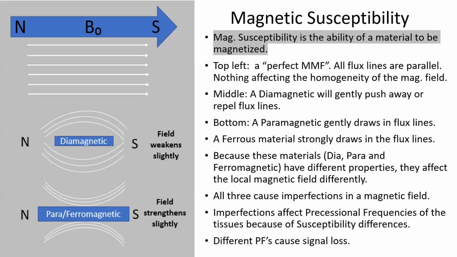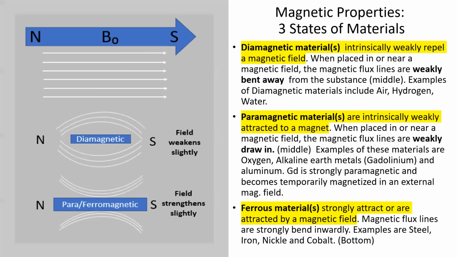Okay, so you've got diamagnetic, paramagnetic, and ferromagnetic. Now, when I say ferromagnetic, I'm not necessarily talking about something that's going to get sucked out of your pocket when you get too close to the magnet. All metals, even aluminum, are considered ferromagnetic. It does draw the field into itself a little bit.